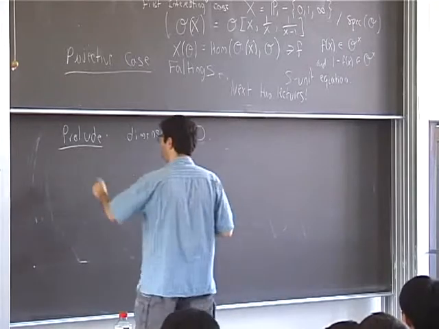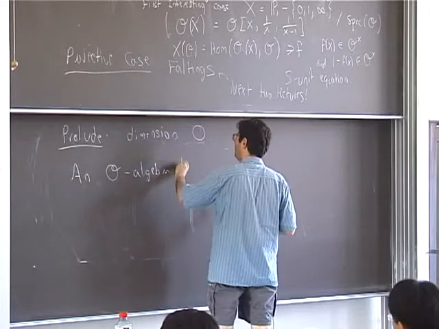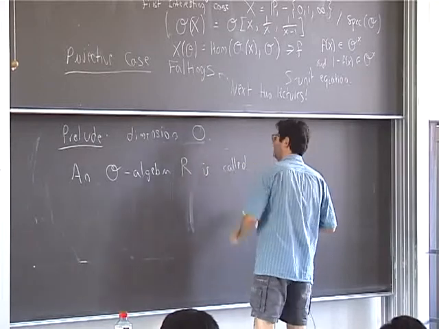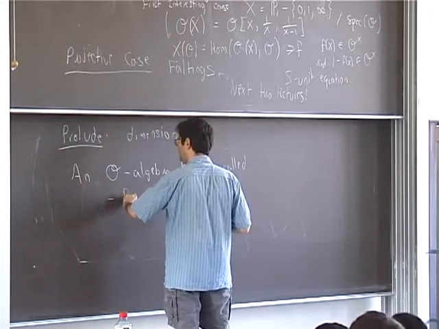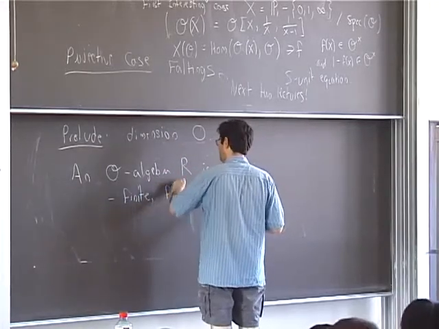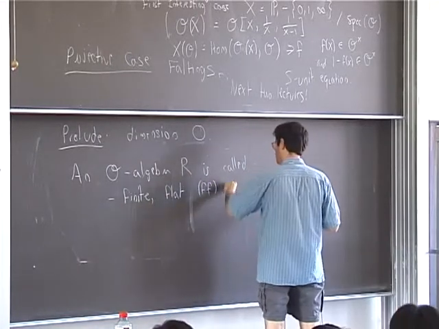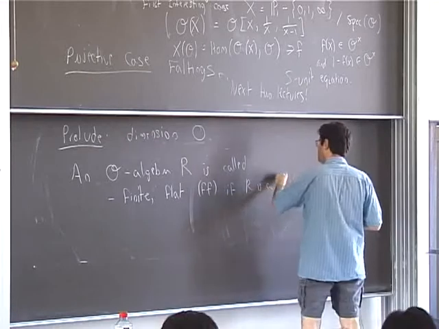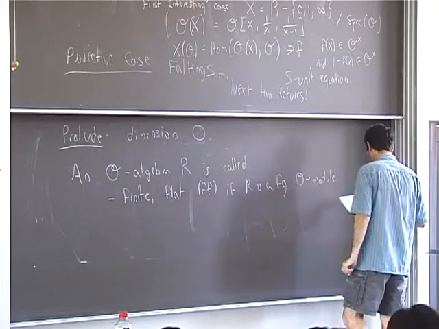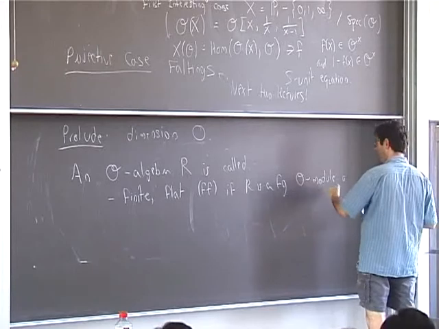And I say that an O algebra R is, so I'm going to consider only finite algebras. And I'll also consider only flat, so finite flat, which I'll abbreviate to FF, if R is a finitely generated O module, and free.